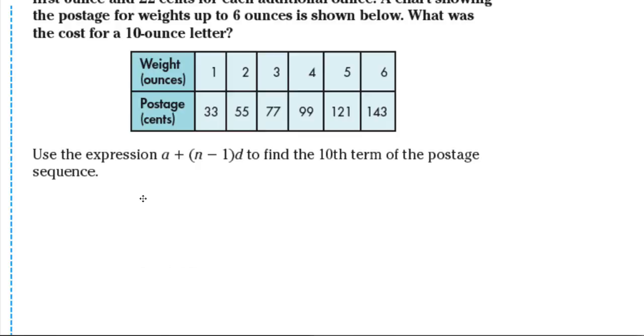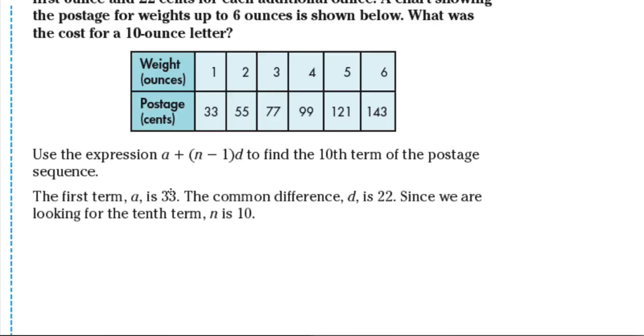Doing so, the first term A is equal to 33. That's our first term. The common difference is 22, because every time we do 55 minus 33, 77 minus 55, and so on and so forth, it'll be 22.